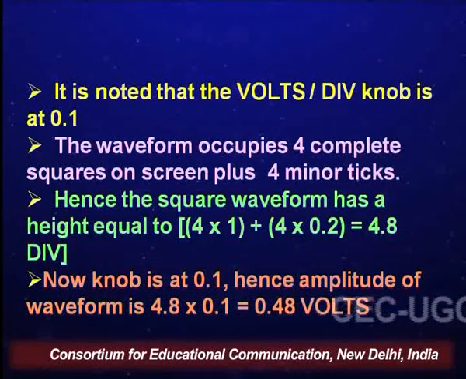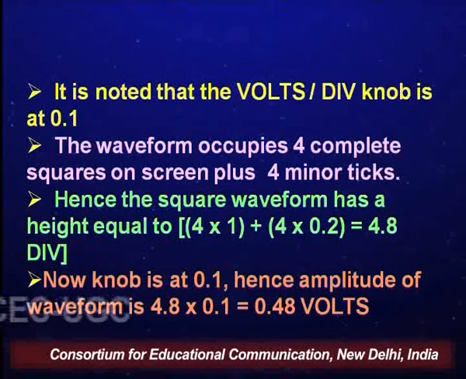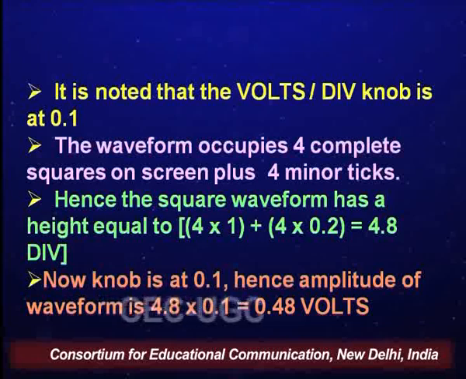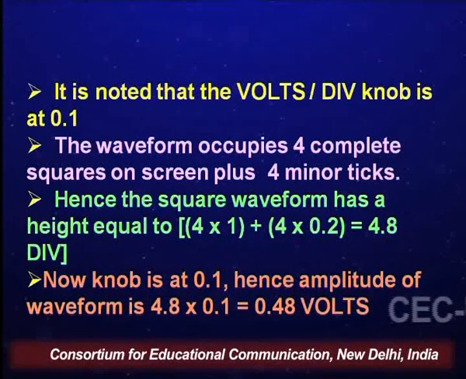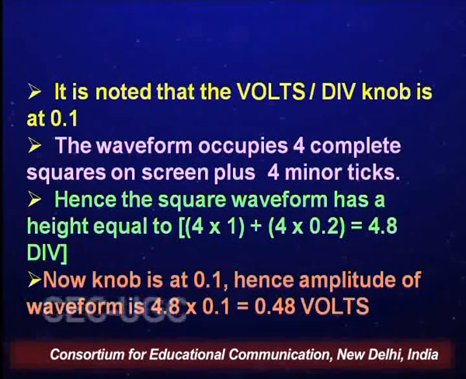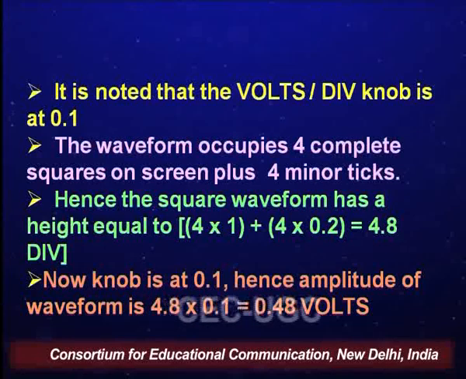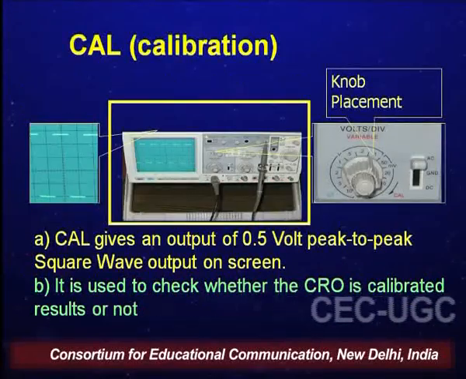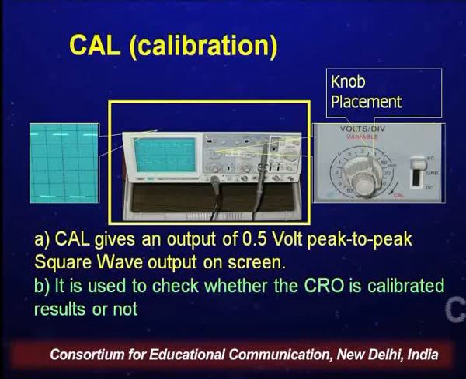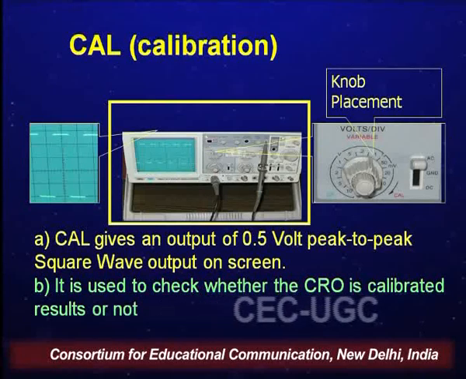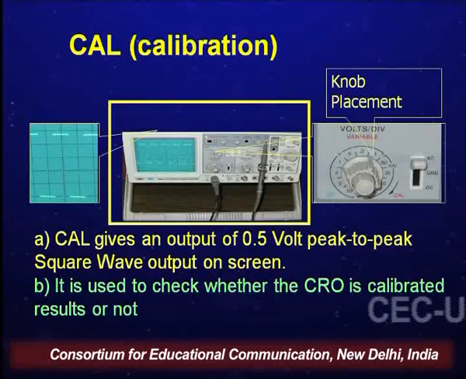Since the voltage per division knob is at 0.1, the amplitude of the waveform would be read as 4.8 divisions into 0.1 volt per division, that is 0.48 volts. Typically, under calibration, the square wave that we can see on the CRO is 0.5 volt amplitude and 1 kilohertz frequency.